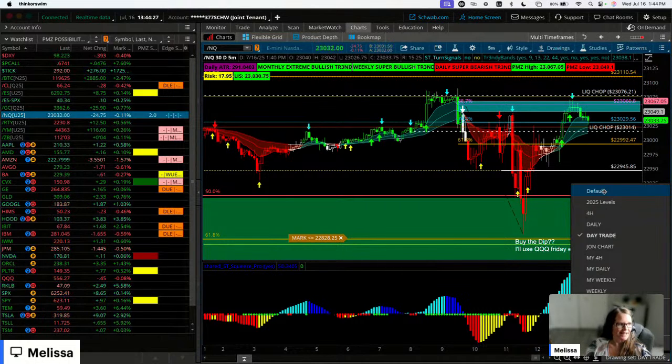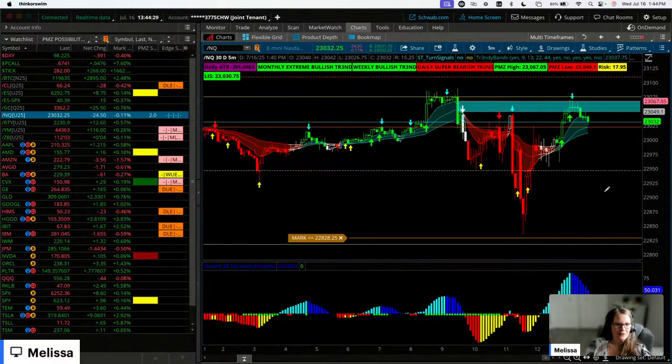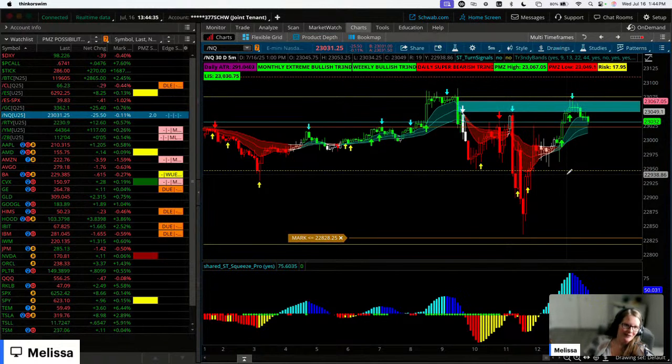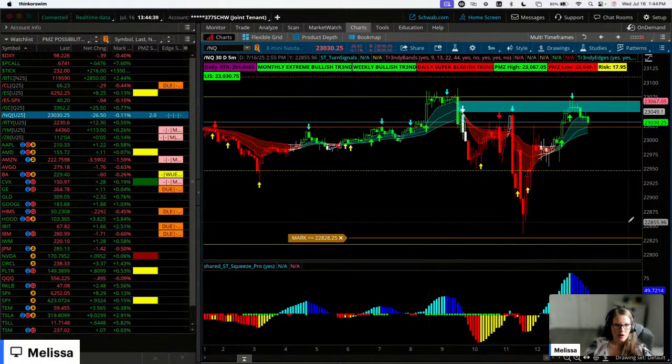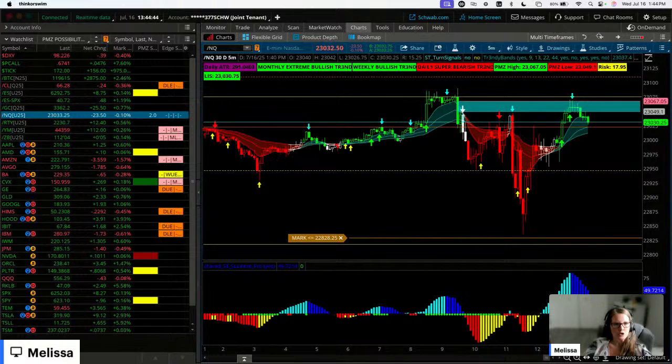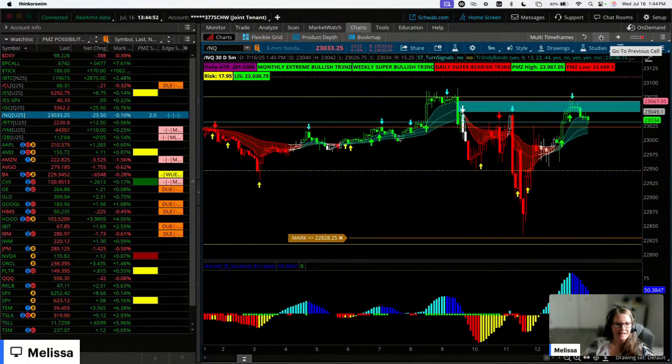But before I do that, I want to show you, without my drawings and my plan here, an example of an imbalance zone for the NASDAQ futures today, because it has proven to be a very effective strategy to trade today.